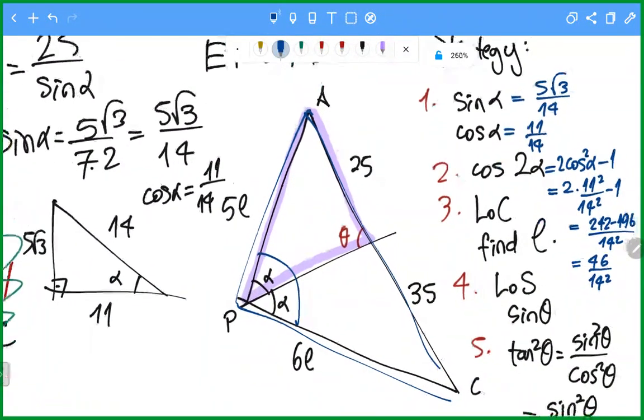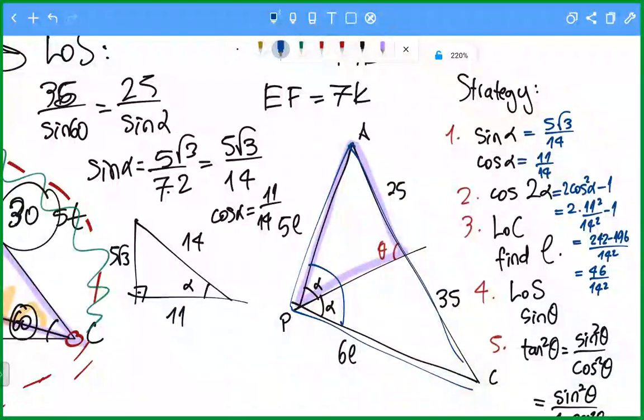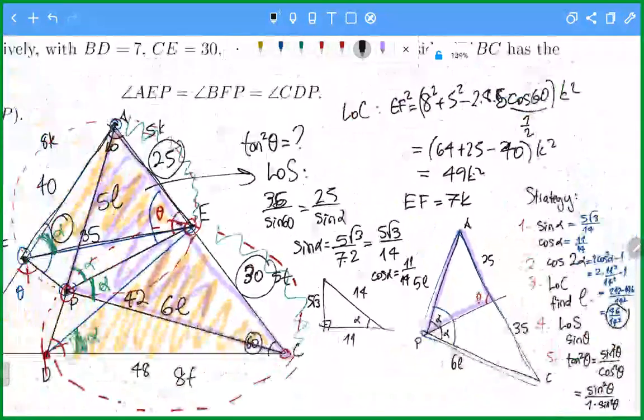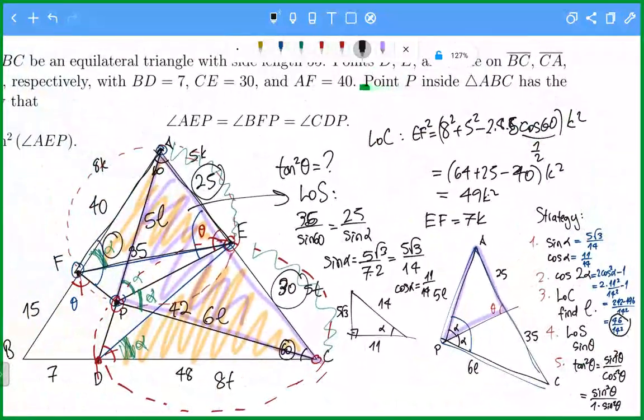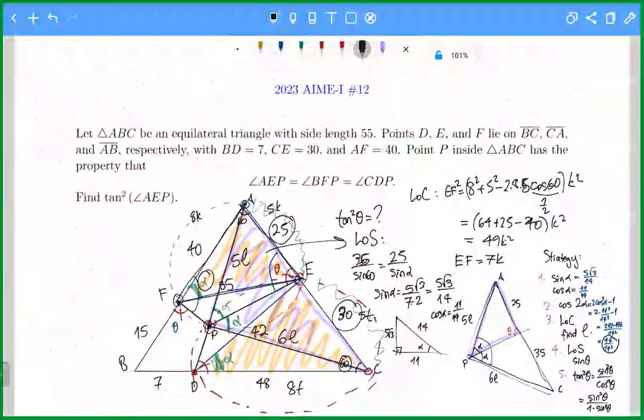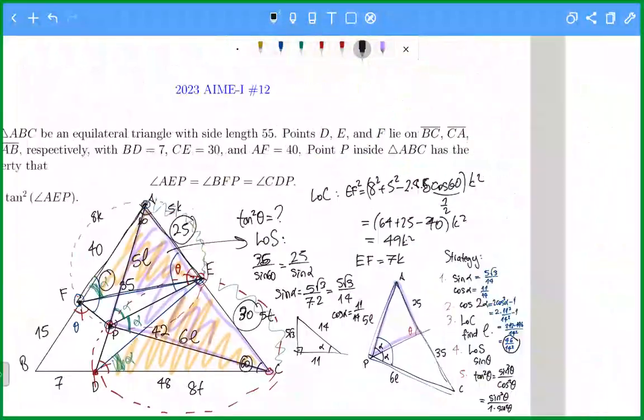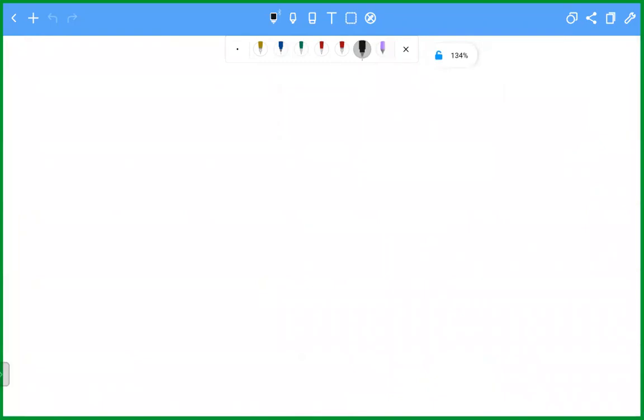Okay, so let's do it. Let's remember this number, and then let me go to the next page, since we are running out of space. I'm going to finish the problem on the next page. So let me draw the shape here real quick. The shape looks something like this.